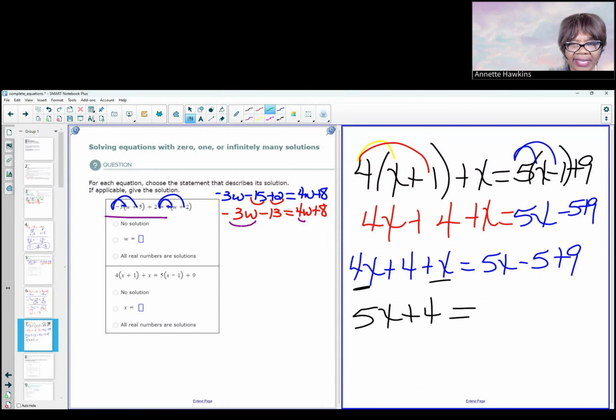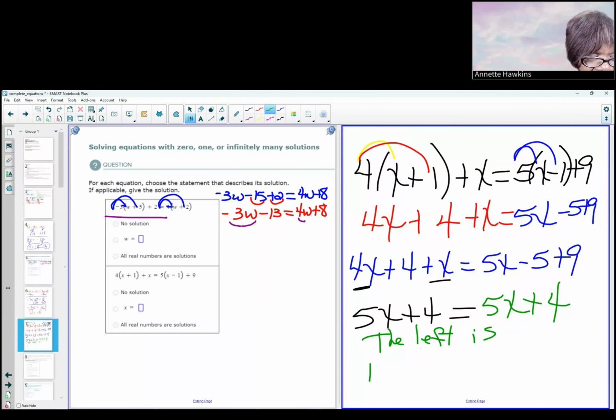On the right-hand side, I have 5x plus 4. That's interesting, isn't it? What does this mean? So this, the left is identical to the right. So what does this mean?